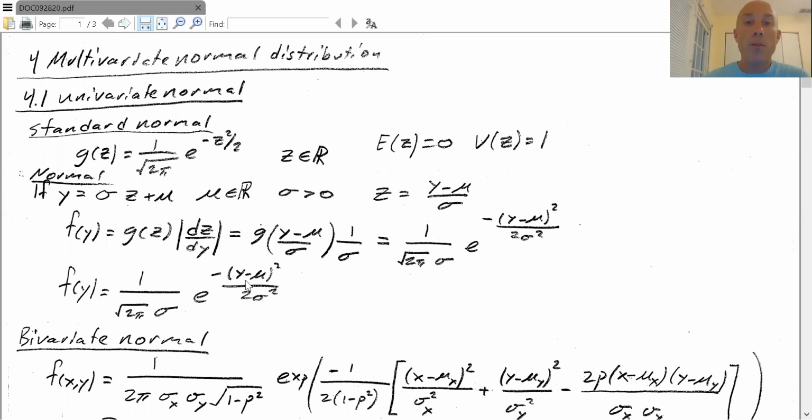Okay, so I've got a square going, so I'm close to what I want. I want to manipulate that so that I have y minus its mean, and I divide by 2 times the variance. Once I have it in that format, because of the properties of the normal distribution, I know that I have the right density.